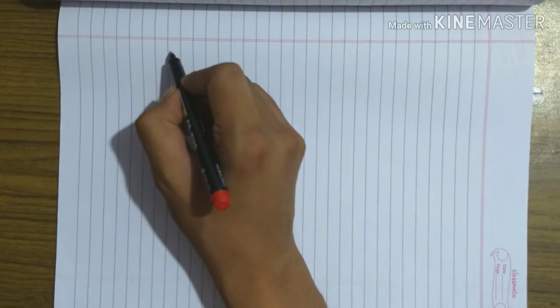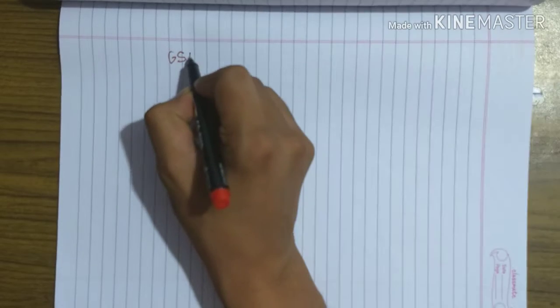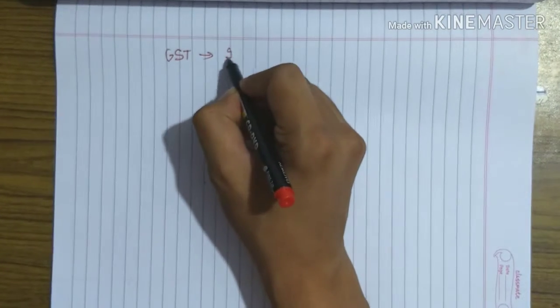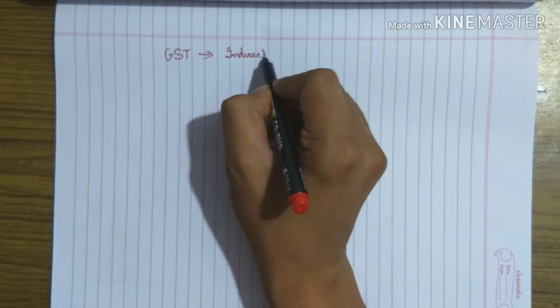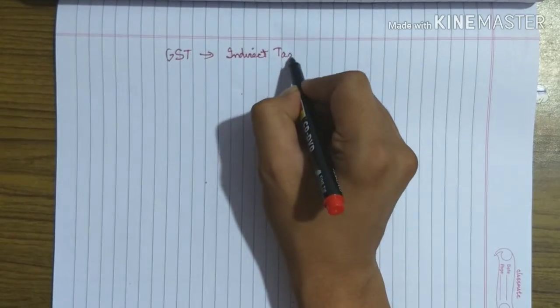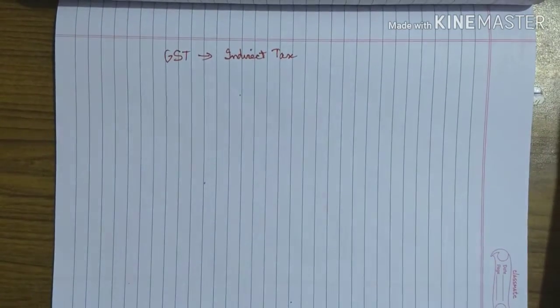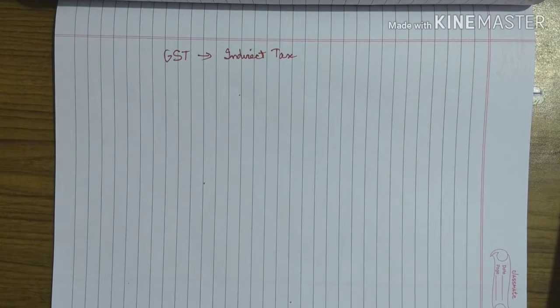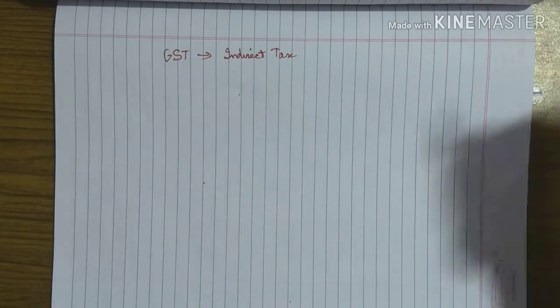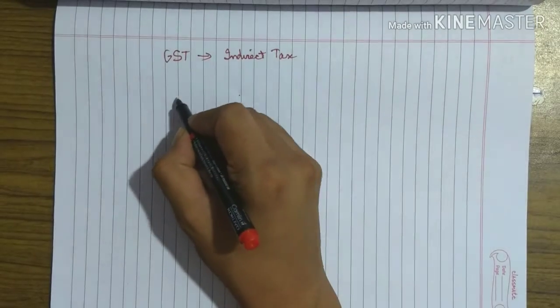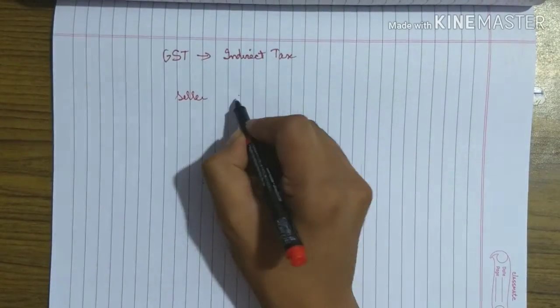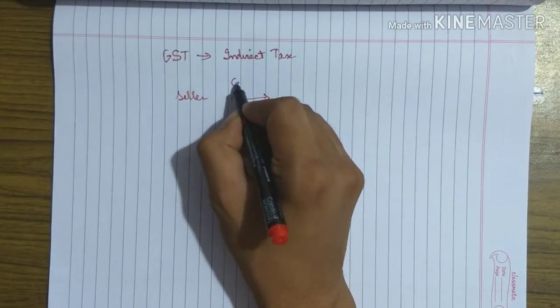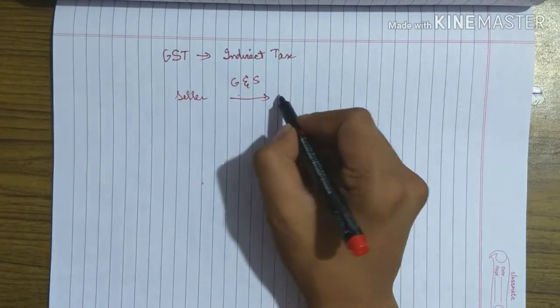Before starting RCM, first I would give you an idea of what GST is. See, GST is an indirect tax. An indirect tax is one where you have the burden but you are not responsible to pay it. In basic words, think this is a seller. You purchase goods or services.